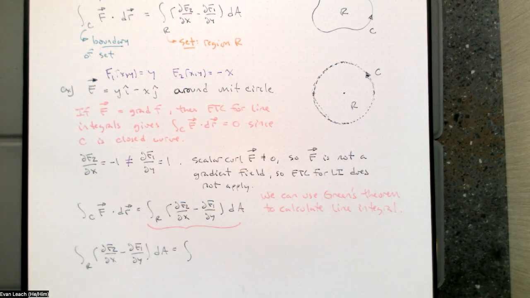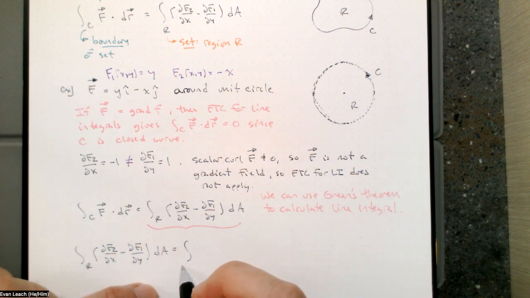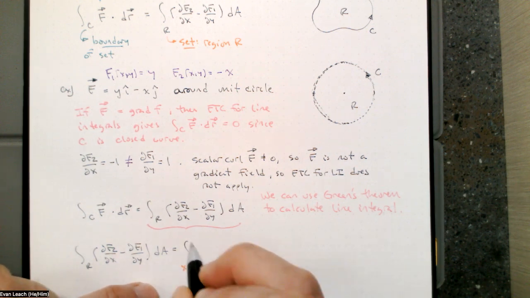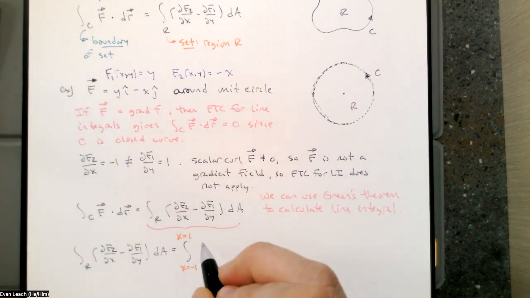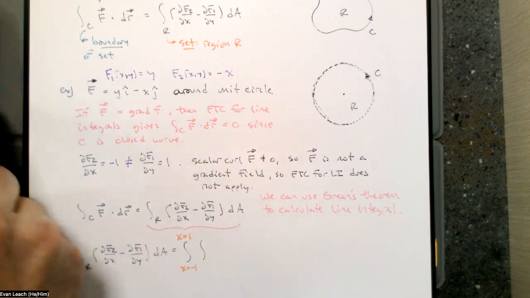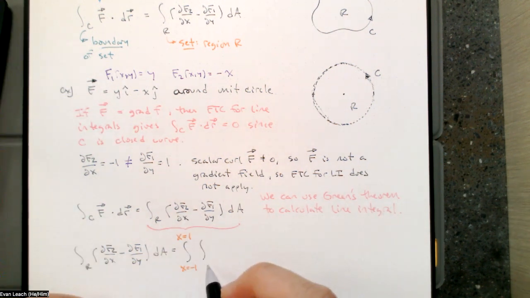It's a unit circle, so I'll send the x from -1 to 1. And then we can integrate y from a negative square root to a positive square root.